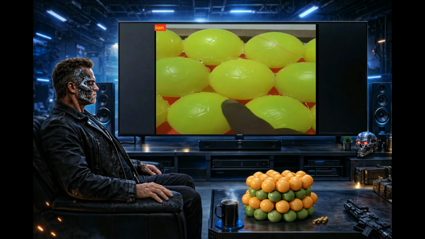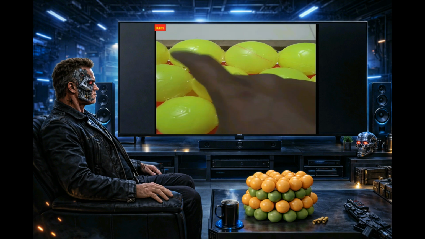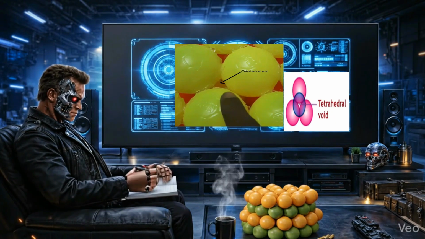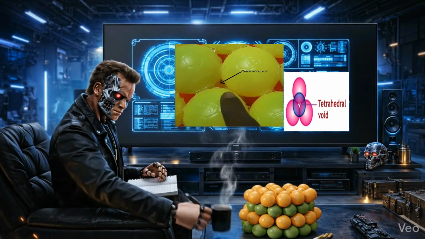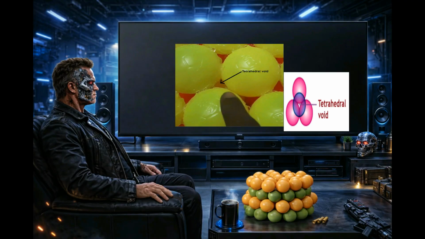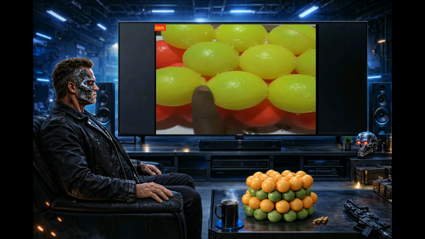So this tetrahedral void is formed by 4 atoms, 1, 2, 3 and below 4. This is the tetrahedral void, and this is the octahedral void.